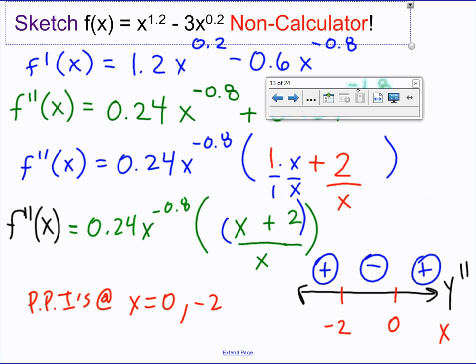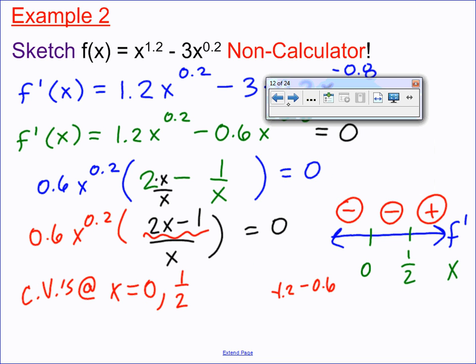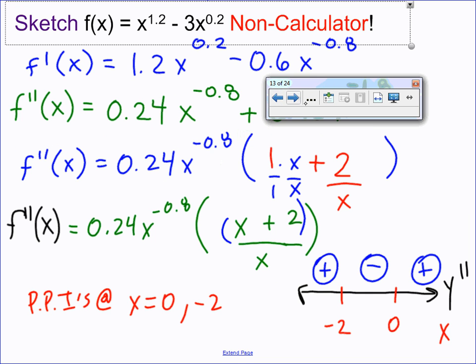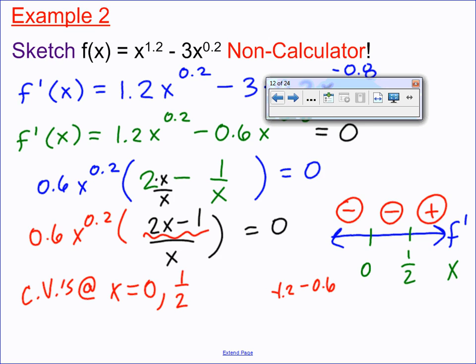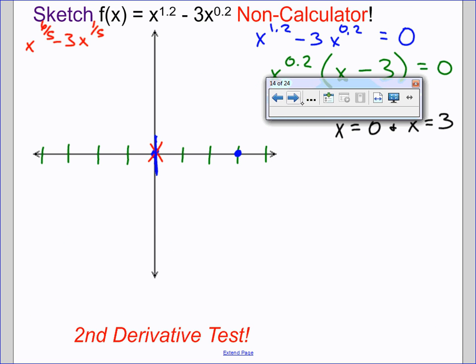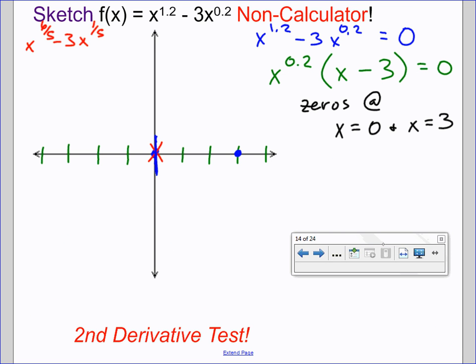And we've got a local minimum at x equals 1/2 because y prime changes from negative to positive. So a local min with a horizontal tangent because y prime equals 0 at x equals 1/2. So that's like here.